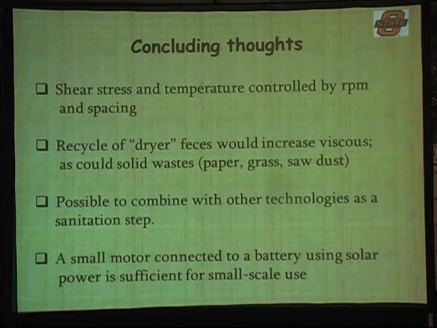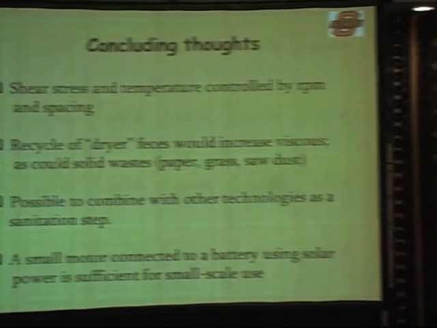That's going to have to be screened out. But we think we can handle viscosity issues by operating with recycle and/or with the addition of paper or grass or sawdust or some other material like that.